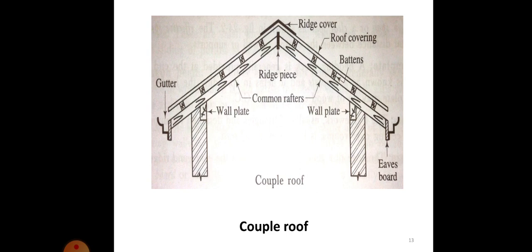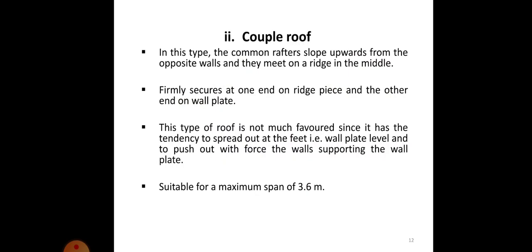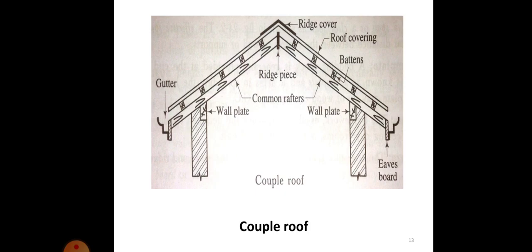There is no intermediate support, hence these types of roofs are normally not preferred, because as the span increases there is a tendency for the legs to move apart and spread out at the feet. So this is a couple roof.